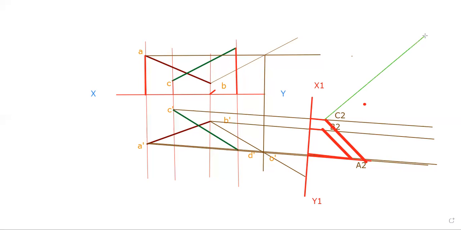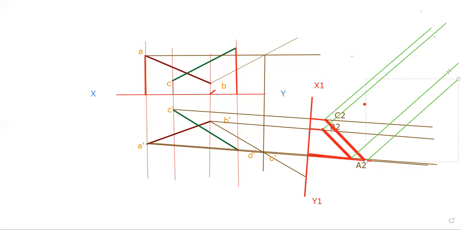One line here, one here, one here, next one here, one here. Okay, so we have our perpendicular lines.